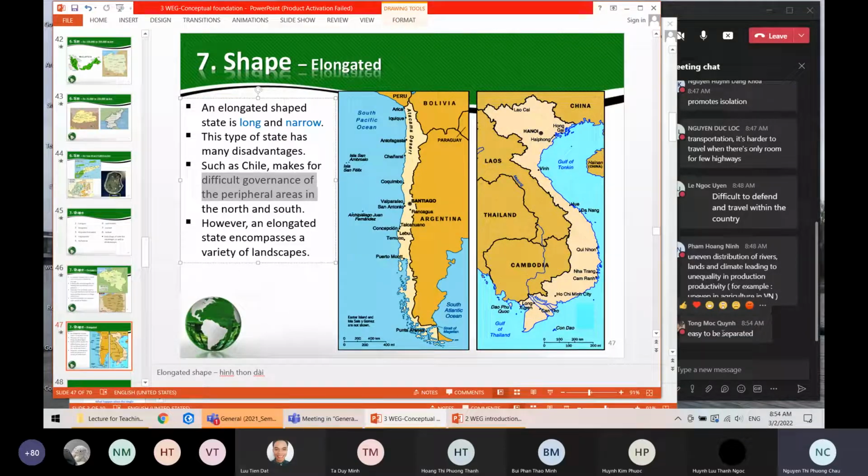How to be separate? I would like to say more with Mok Quỳnh. Okay, thank you so much for your nice ideas. So I would like to say more, or if you have more ideas, please explain more about easy to separate. Why easy to separate?